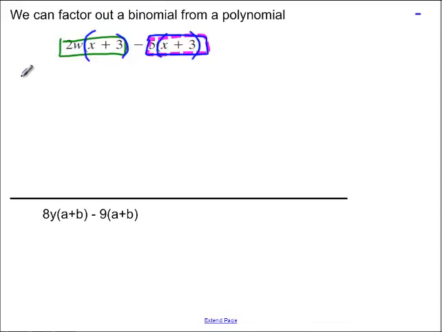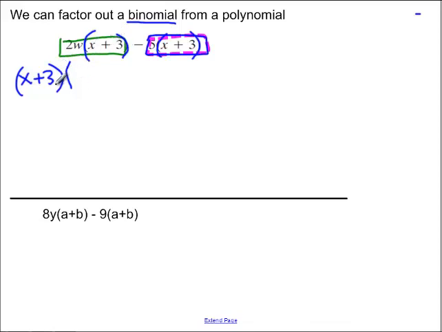So our greatest common factor should be x plus 3, because that binomial is in each one of these terms of the polynomial. Here's our big polynomial. x plus 3 can be factored out of each of these terms. Step 1 is to determine the greatest common factor.